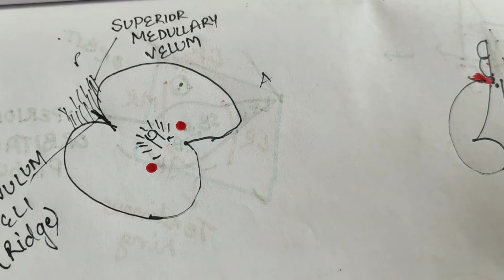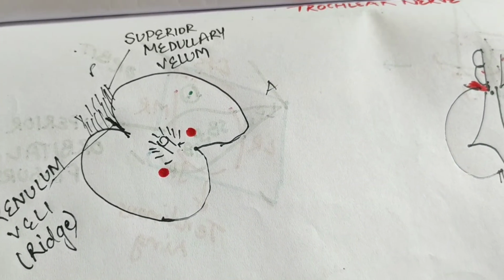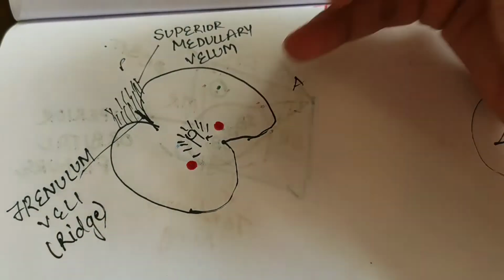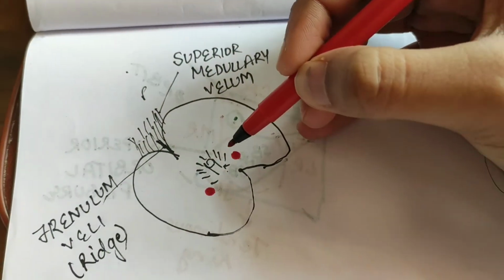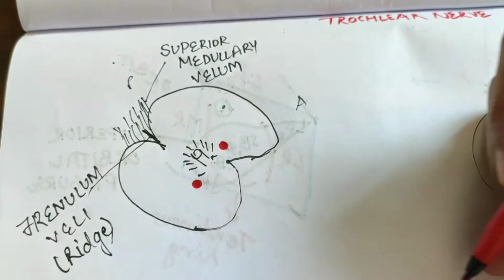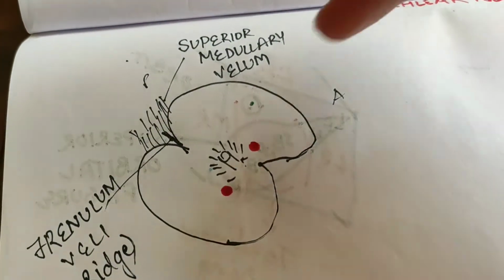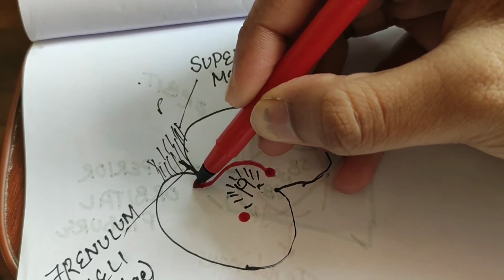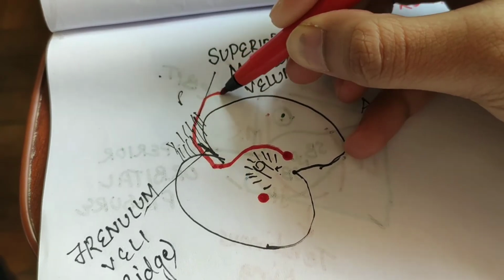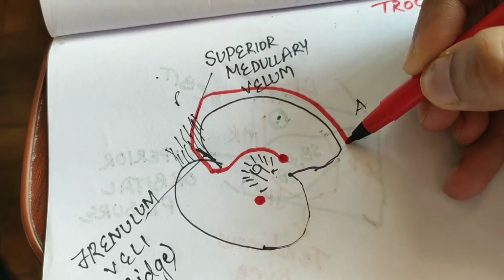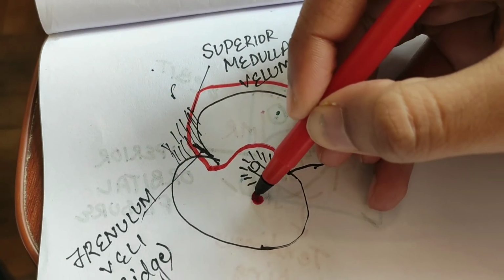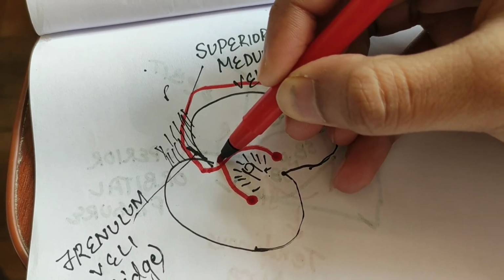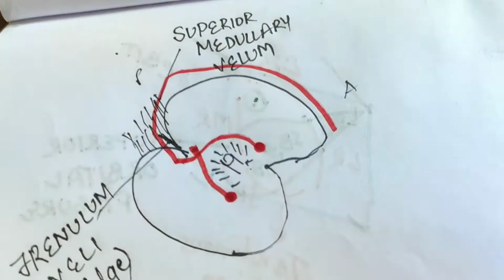Here is the fourth cranial nerve, and there is one speciality of the trochlear nerve. Other cranial nerves travel directly anteriorly, but this fourth cranial nerve has a route like this. It firstly goes behind, it crosses, and then it comes in front.